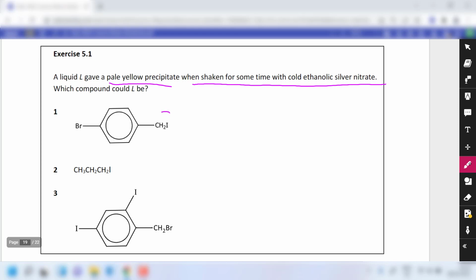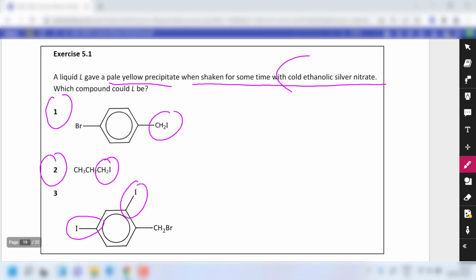I think this is obvious, so I'll pick 1, and I think this is obvious as well, I'll pick 2. In our case here, the iodo group is directly bonded to the sp2 hybridized carbon in the benzene ring. Due to the partial double bond character, under this not so harsh condition, I don't think the iodo group will become free. So in this case, I'll choose options 1 and 2.